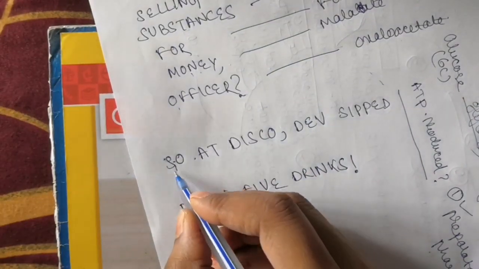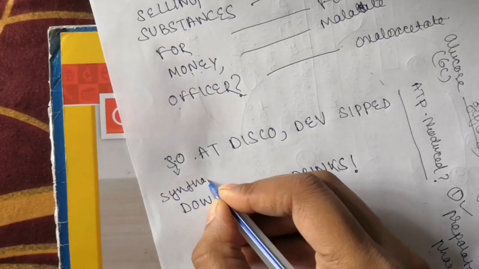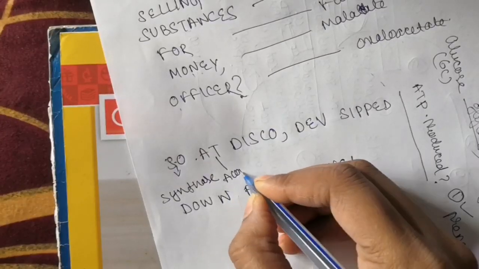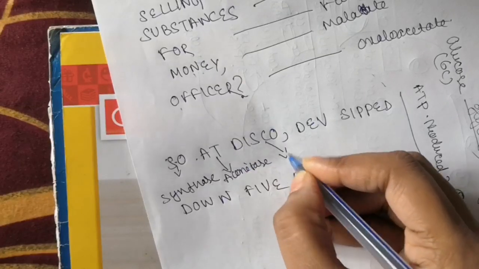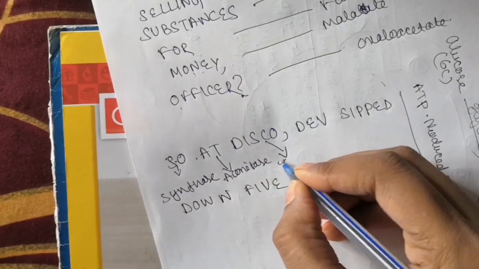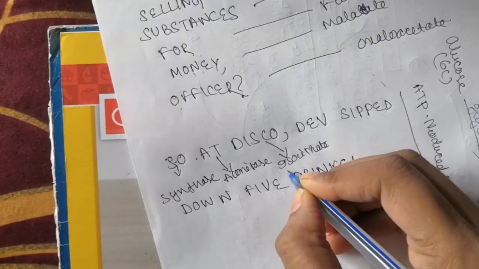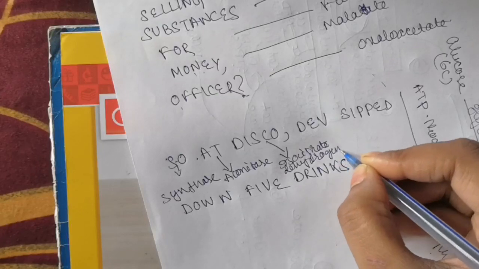So means synthase. At means aconitase. Disco means isocitrate dehydrogenase.